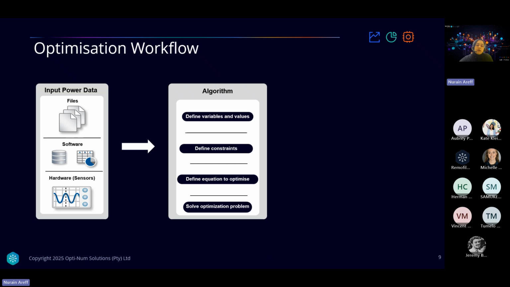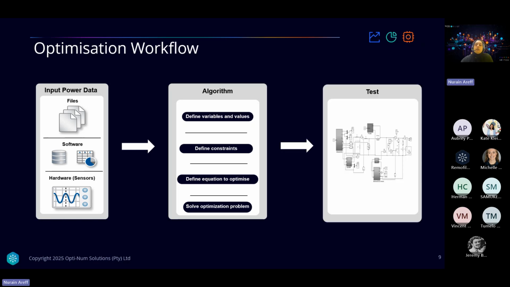And remember, we had 4 steps for that: we defined our variables, we then defined our constraints, we defined the equations we wanted to optimize, and then we solved our optimization problem. Then the last thing we did was we tested and validated our model with simulation.